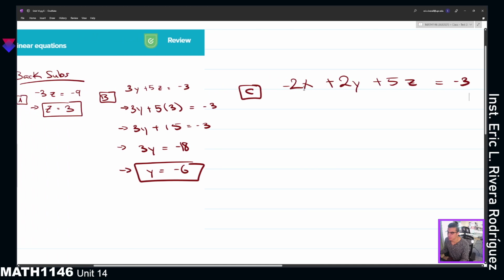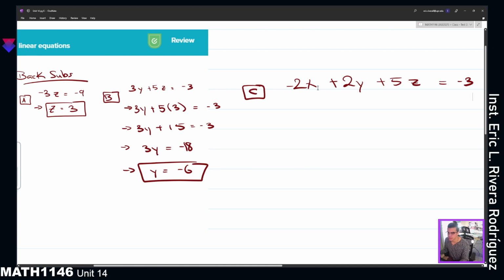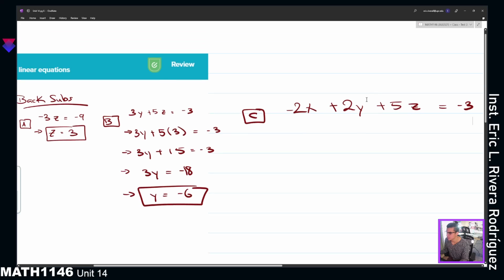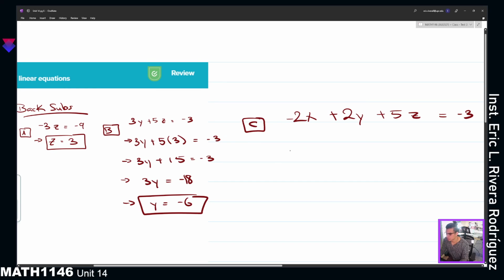Okay, so now that we have z and y values, see what happens when we substitute those two values. -6, +3.